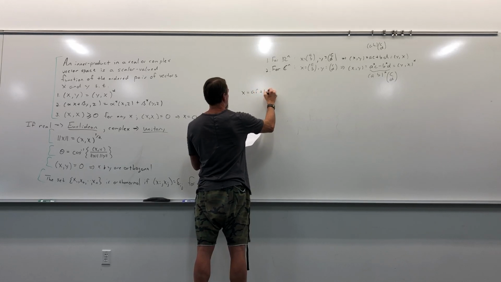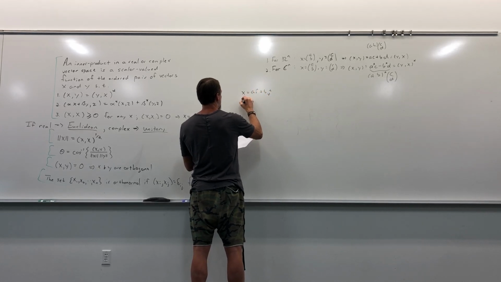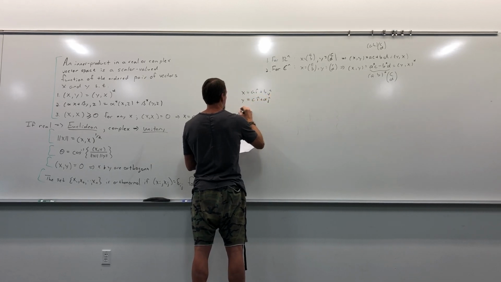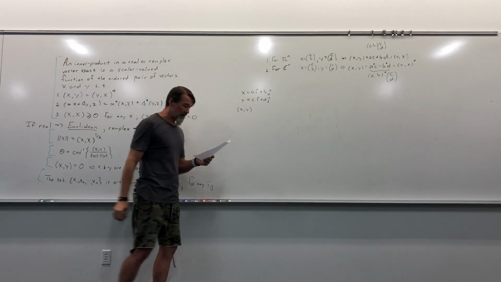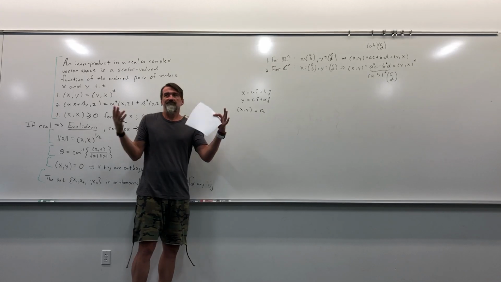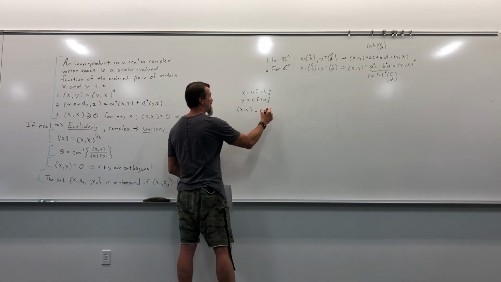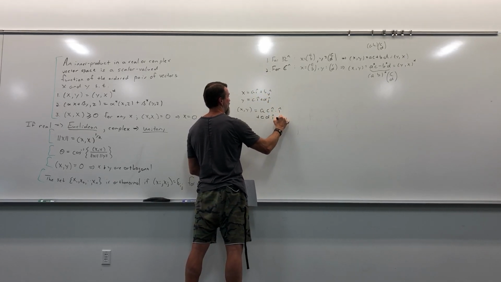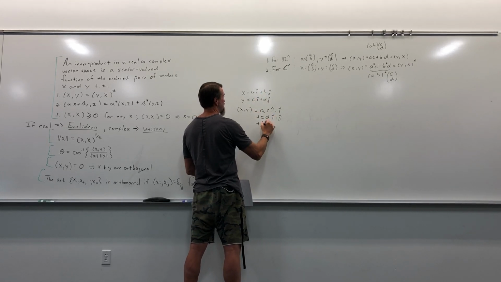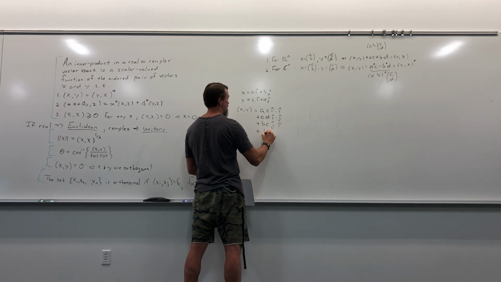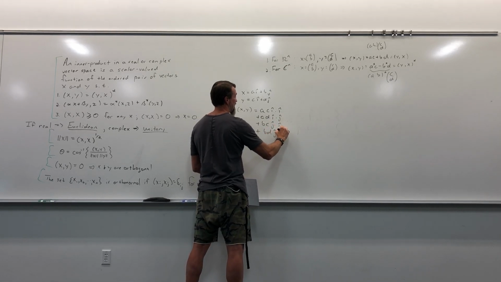So if we do x is a i hat plus b j hat, and y is c i hat plus d j hat, then the way that we understand the inner product is basically multiplication of these two bilinear things. So we have a times c i hat dot i hat plus a times d i hat dot j hat plus b times c j hat dot i hat plus b times d j hat dot j hat.